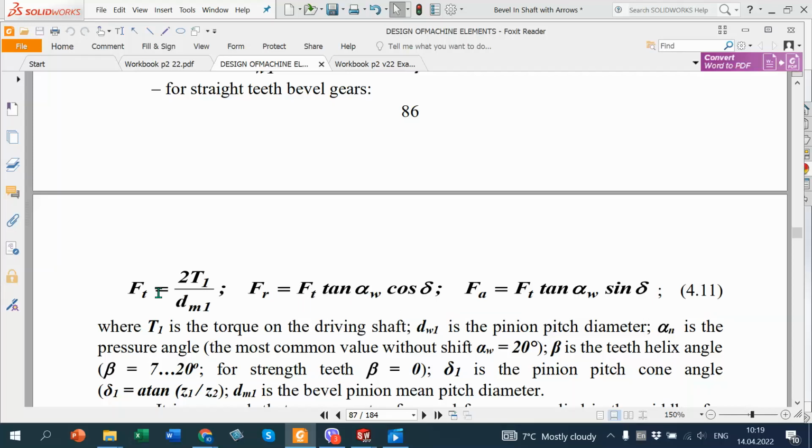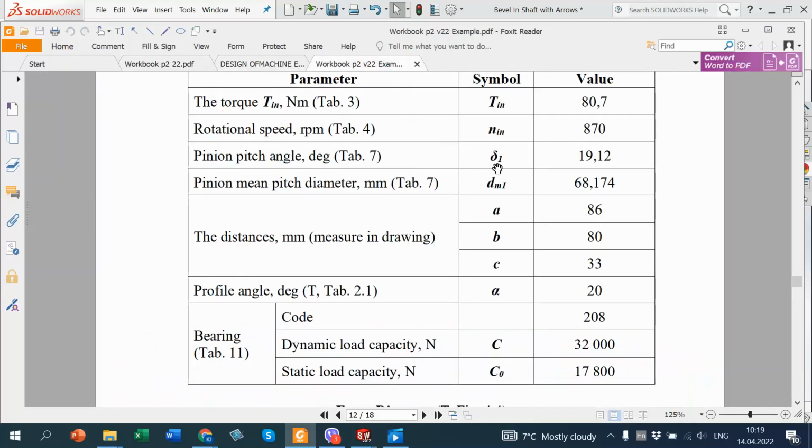Ft we know, and alpha is 20 degrees, cosine delta, it is calculated value. In your calculation, delta 1 from table 7.